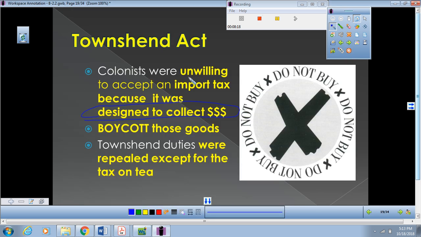The colonists were unwilling to accept an import tax such as this because it was designed to collect money, and they knew it. So they boycott these goods, and eventually, like the Stamp Act before, Parliament repealed the Townshend duties except for the tax on tea.